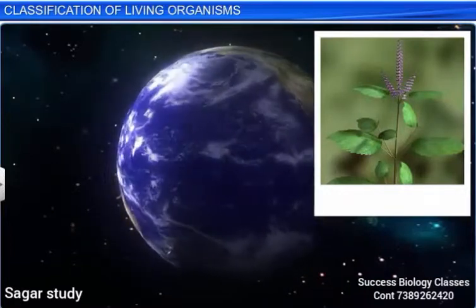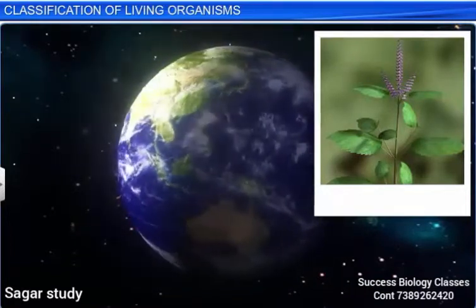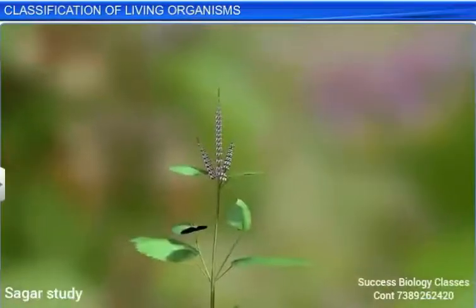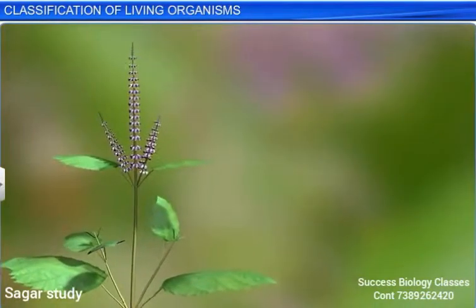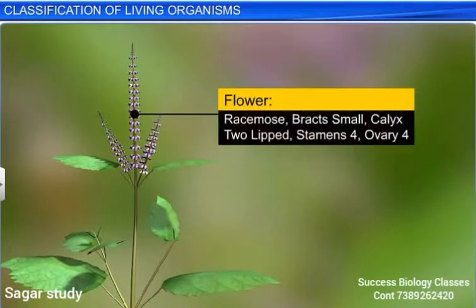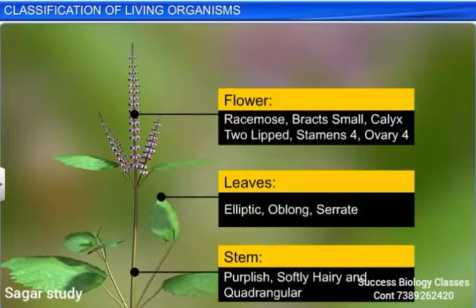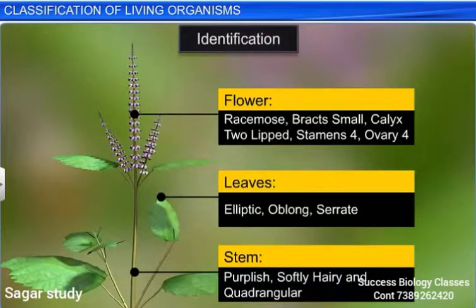This process is known as nomenclature. However, to name an organism, we need to know its correct description and to what organism the name is attached to. This is known as identification.